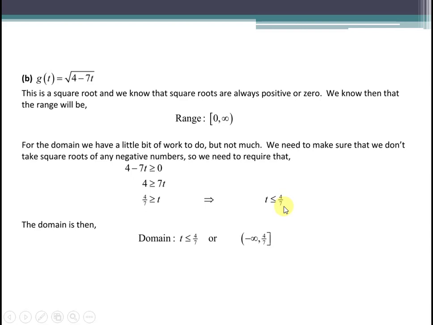It means the domain is this set of values from minus infinity till 4 over 7, the solution of this inequality. Again, the answer is minus infinity till 4 over 7.